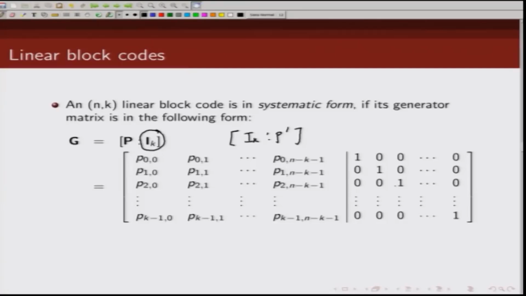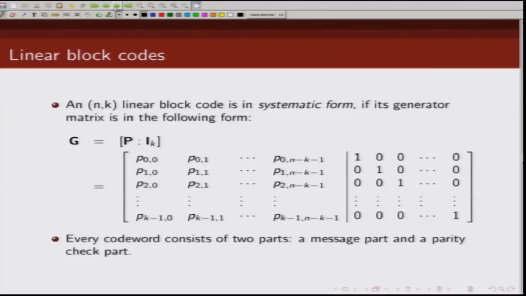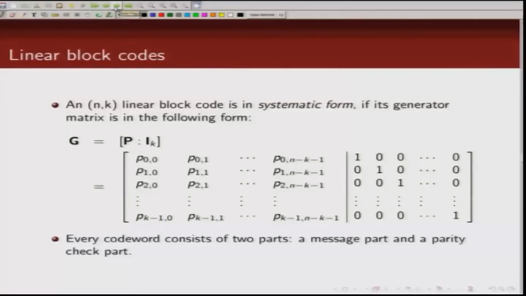So, if I write down the corresponding equations for the coded sequence, you will see that some coded bits directly depend on the message bits, and the rest, which are parity bits, are linear combinations of these message bits. So, in a systematic form basically we can separate out the message part from the parity bit part.